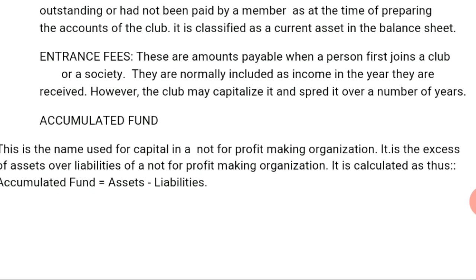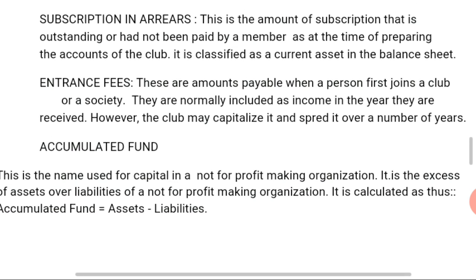Another item that needs to be looked at is accumulated fund. This is the name used for capital in a not-for-profit making organization. You know, in a profit making organization, we have what we call capital.